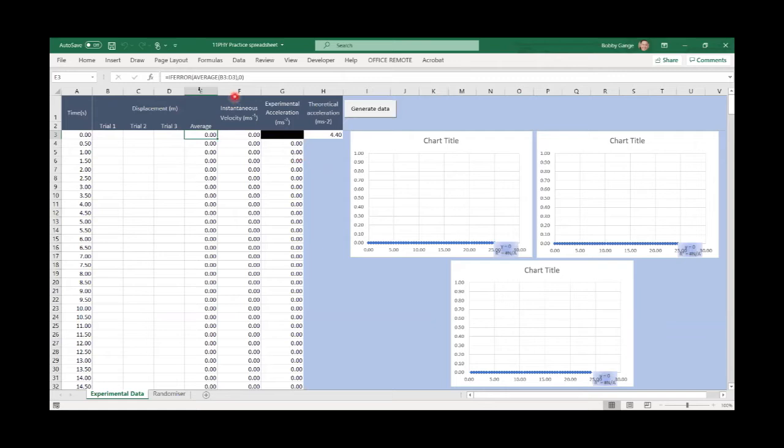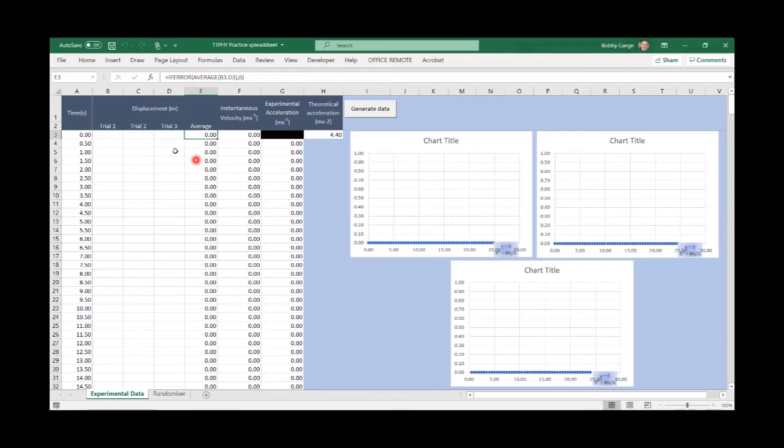All right. So it says here average, and then it's got the open bracket B3 colon D3 close bracket. So when you see that, what that's saying is, B3 and then the colon D3, that's a range.